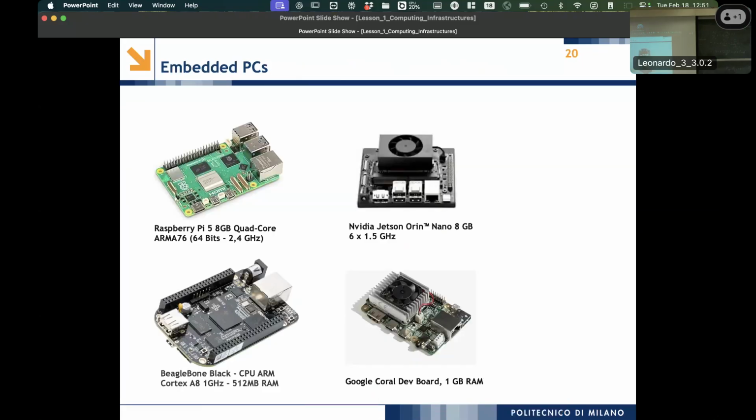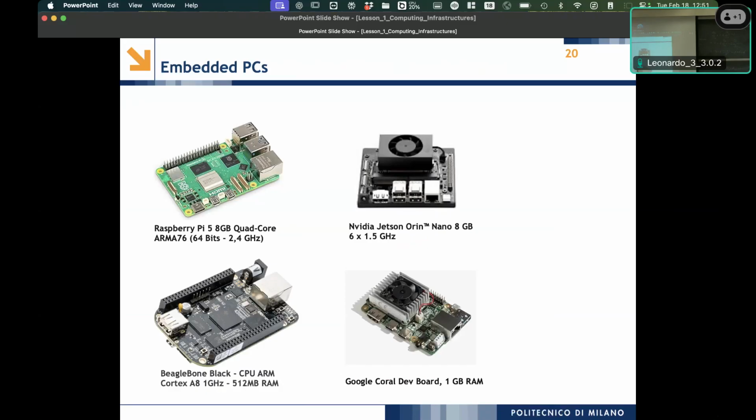Then the other box that we can analyze in our XY axis are the so-called embedded PCs. Here, the cost related to the previous servers was about, I don't know, 5K, 10K per server. Here, we are talking about devices that cost a few hundred euros.